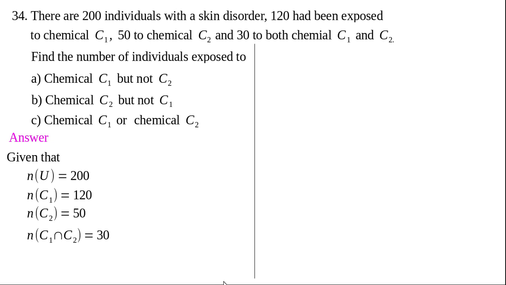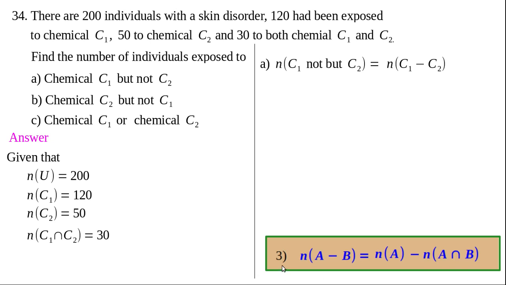Now we want to find number of C1 but not C2. That is question A. What is the meaning of number of C1 but not C2? It is nothing but number of C1 minus C2. We know that the formula to find number of A minus B is equal to number of A minus number of A intersection B. Using that formula, we can write number of C1 minus C2 is equal to number of C1 minus number of C1 intersection C2.